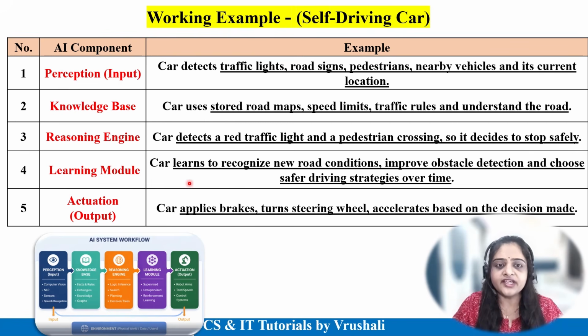So here the self-driving car learns to recognize new road conditions, improves obstacle detection and also chooses the driving strategy over time. And the last one is actuation. Actuation means actual output. For example, the self-driving car applies brake, turns the steering wheel, and accelerates based on the decision made. So this is called the architecture of AI and this is the sequence. Okay. And this is also called the components of AI.